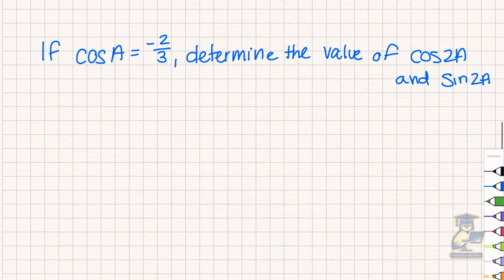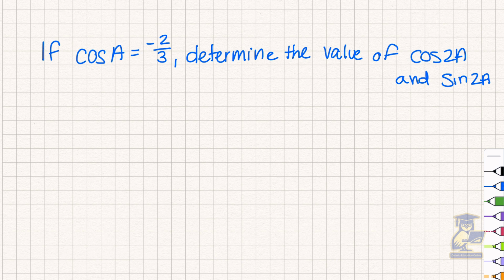Okay, so for this next one, we're given cosine of A is equal to negative 2 over 3, and then we're asked to determine cos of 2A and sine of 2A. So there are 3 double angle formulas for cosine, and since the value of cosine theta is given, we're going to choose the formula that is in terms of cosine.